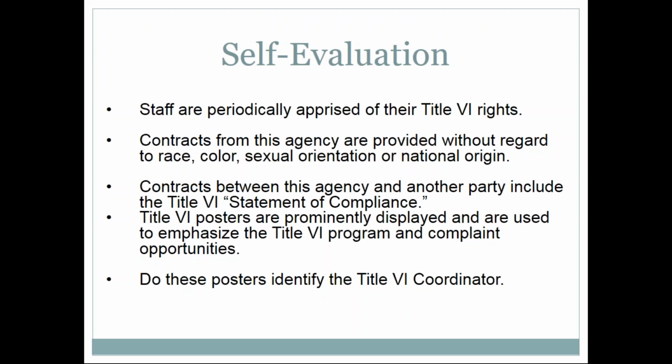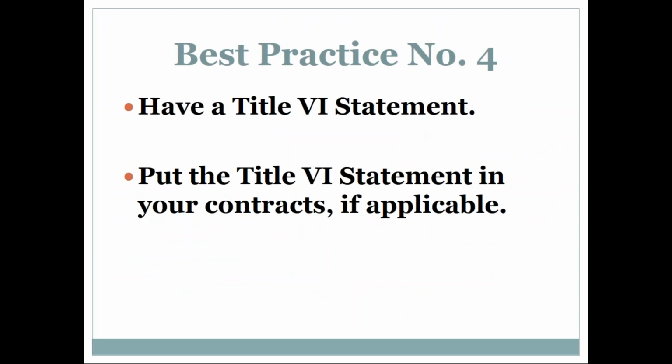And wherever possible, these posters and brochures and notices should identify your organization's Title VI coordinator. That way, individuals who are interacting with your agency know who their point person is, know who they should and can contact if they do have a question or an issue.